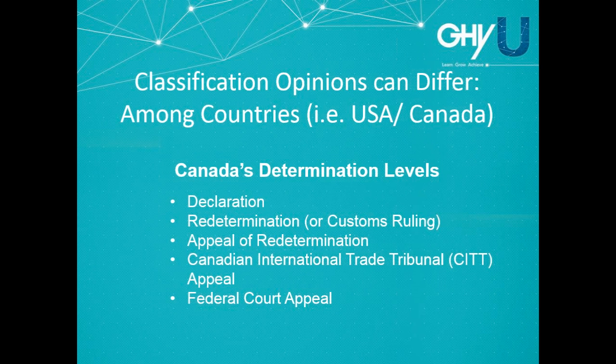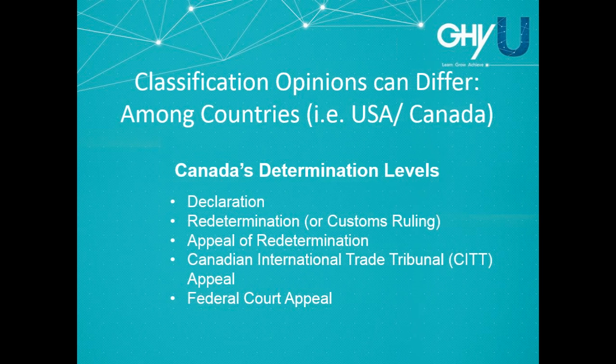As said before, classification options can differ among the different countries. Let's go into different options. We can write for rulings. We can have a redetermination. Interpretation is pretty much everything. It's not always black and white, which is shown in our previous examples. We can appeal for a redetermination.